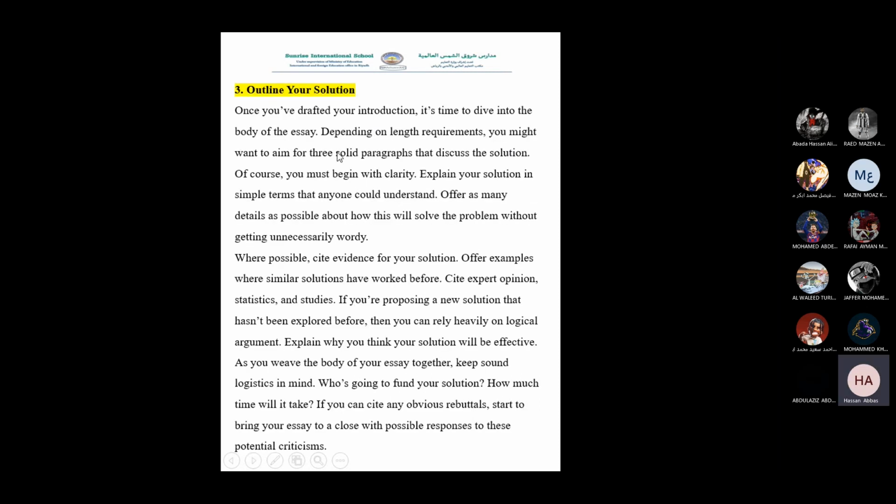Number 3, outline your solution. Once you've drafted your introduction, it's time to dive into the body of the essay. Depending on length requirements, you might want to aim for 3 solid paragraphs that discuss the solution.